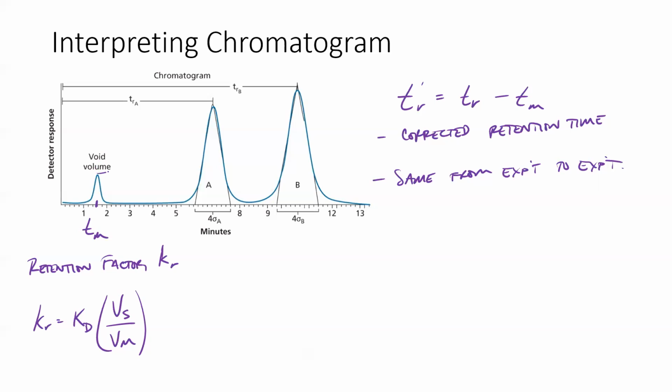I don't know why they called this void volume. It's a time. I don't like that name. So if we know the volume of the mobile phase inside the column and the volume of the stationary phase inside the column, and then we can look up a KD, we can relate it to our particular column and our particular instrument.